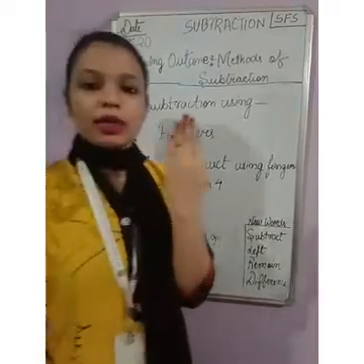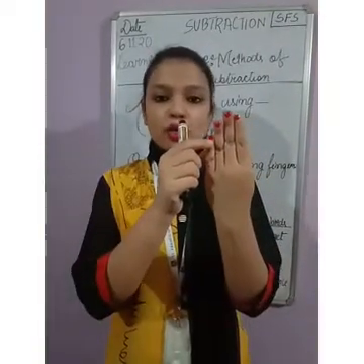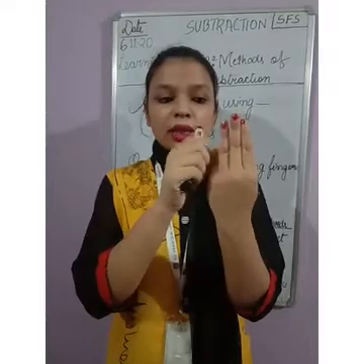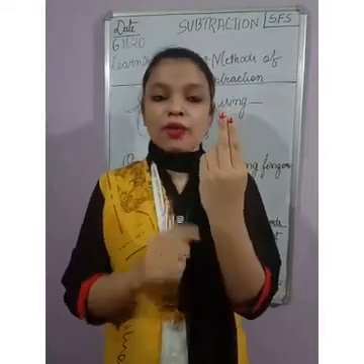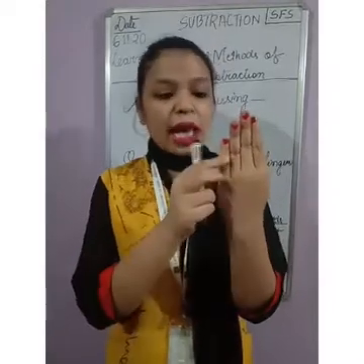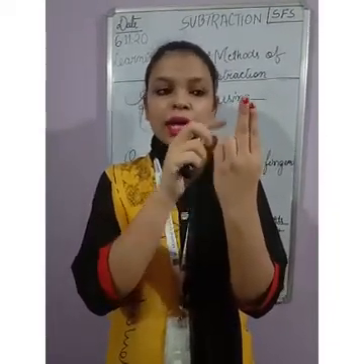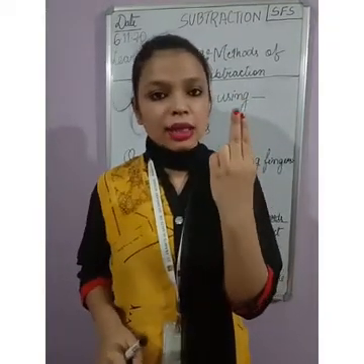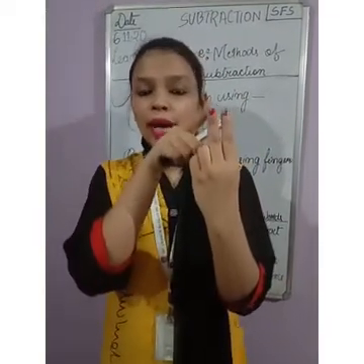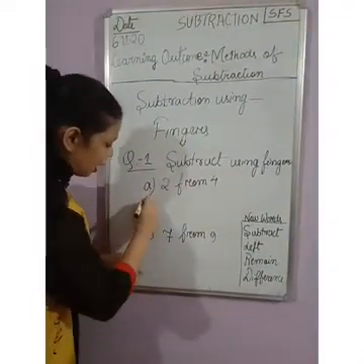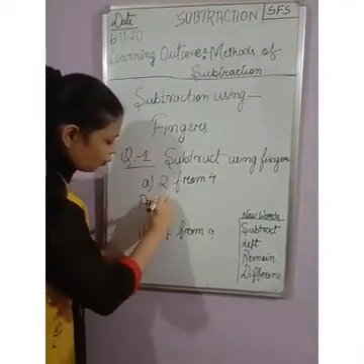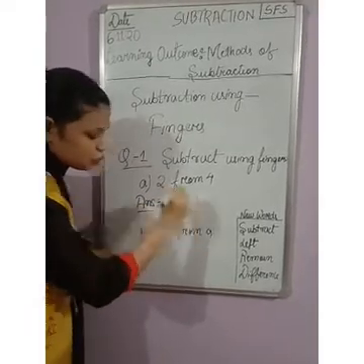When we subtract, we close the fingers: 1, 2. Alright, 4 fingers were open, then I subtract 2 by closing 2 fingers. How many fingers are remaining open? 1 and 2. 2 fingers are open. So when we subtract 2 from 4, we get the answer 2.